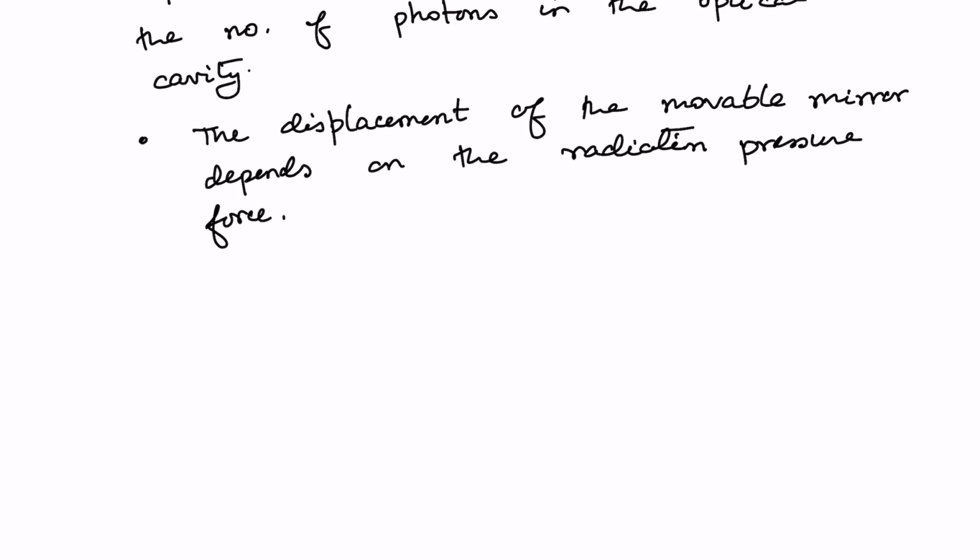Now, for example, when there is no quanta in the cavity, that means when n is equal to 0, this mirror is not getting displaced.